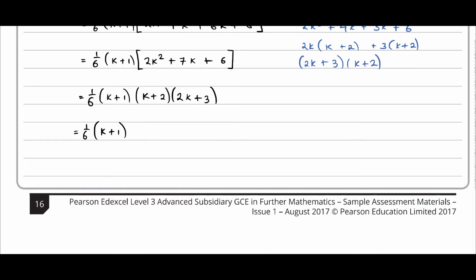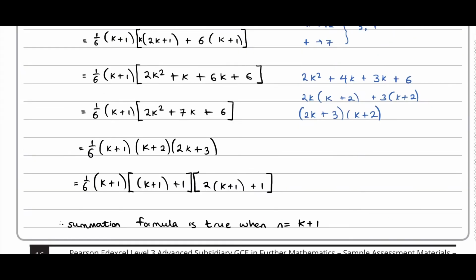So we have k plus 1 plus 1, which is the same as k plus 2. And then we have over here 2 lots of k plus 1 plus 1, which if I simplify all this, that's 2k plus 3. Okay, and therefore we can conclude that the summation formula is true when n equals k plus 1. So let's just write that down. We see over here then that the summation formula is true when n equals k plus 1.